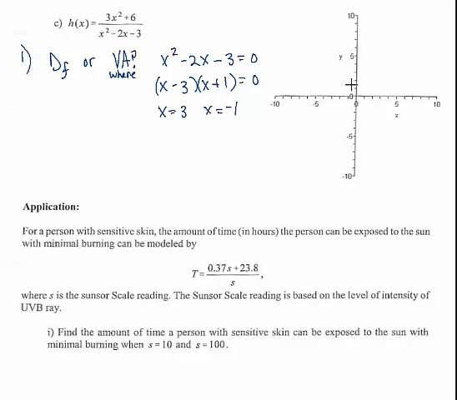So let's see, I'll draw my vertical dashed lines at these x coordinates. X equals 3 would be here. Not so vertical, but I think you can understand.